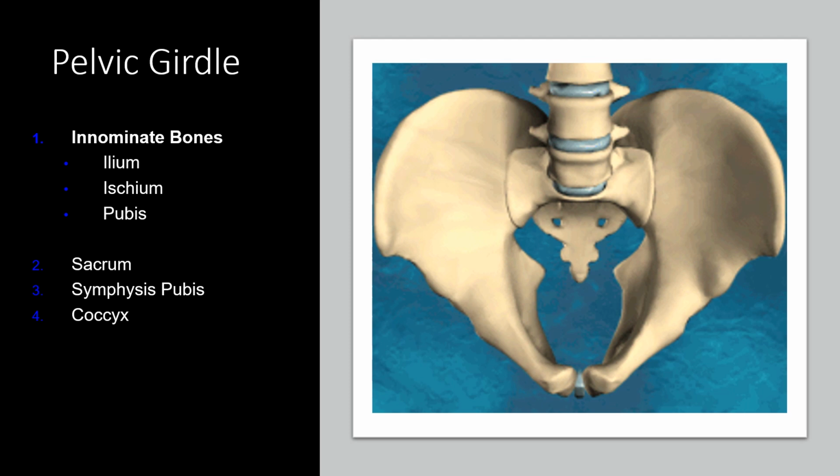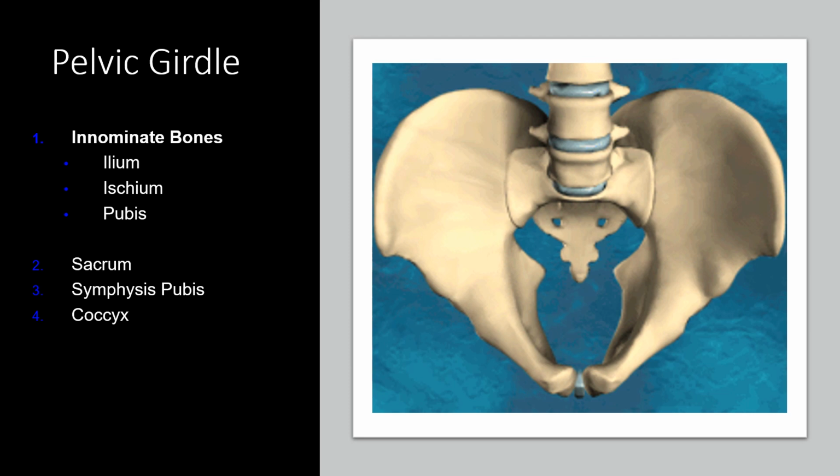We don't have a big fleshy area of skin and fat covering and protecting that bone. But as we go through puberty and as grown women, we will develop, as part of our development through puberty, a fleshy covering on that pubic bone. So the 3 bones that make up the innominate bones are the ilium, the ischium, and the pubis.